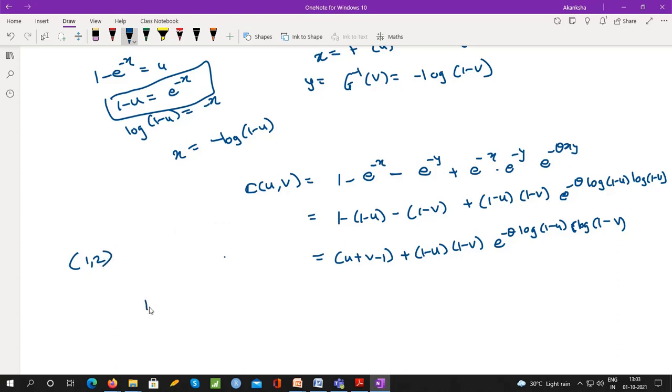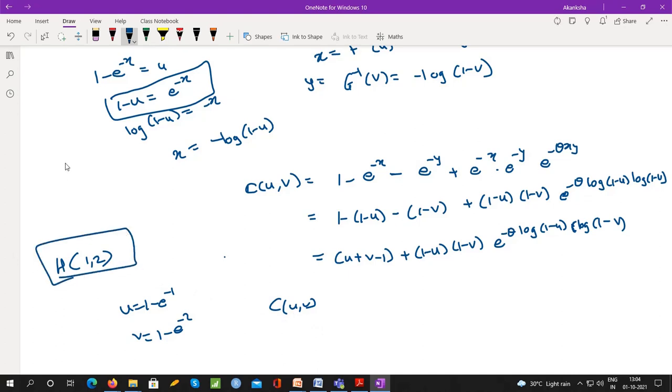Then u I will substitute as 1 minus e raised to minus 1, v as 1 minus e raised to minus 2. I can compute these values, then I get u and v, and I substitute them here, and whatever value I get for C(u,v) will become the joint CDF at (1, 2).